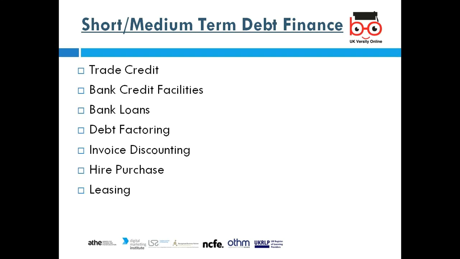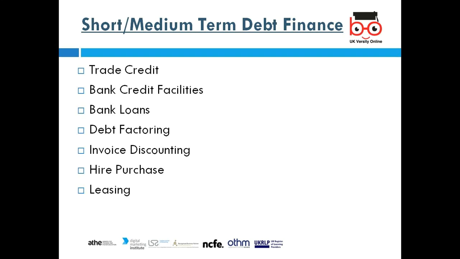Then there is the bank credit facility, which can be credit or an overdraft. The bank can give us credit. A bank loan is for a certain period of time. Normally a loan comes under the medium or long term, while an overdraft comes under the short term.